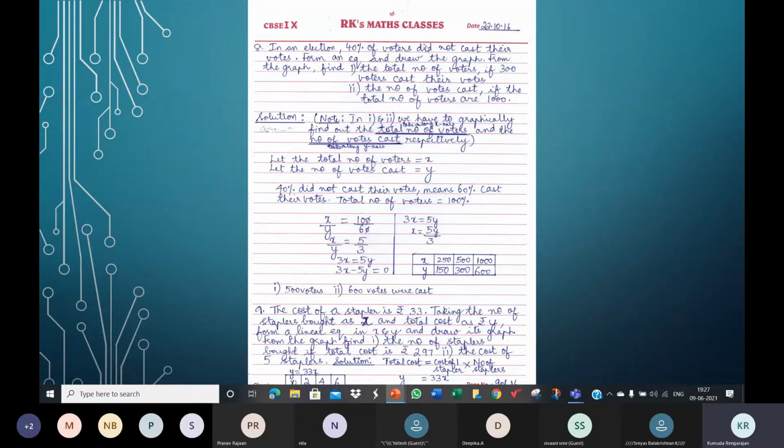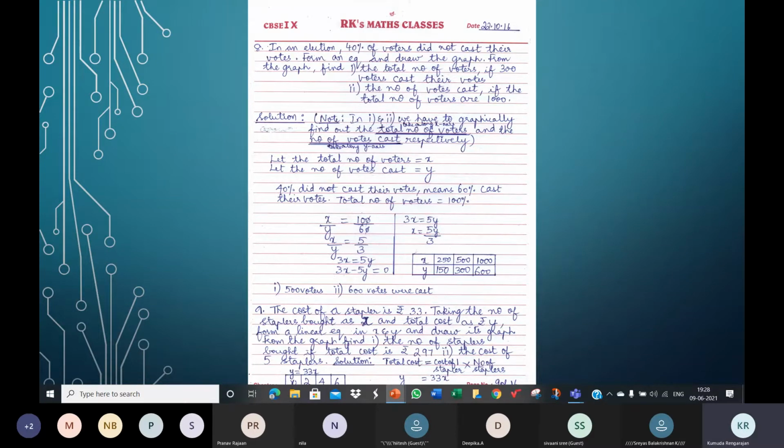So now tell me, what is the ratio of voters who cast their votes to the total number of voters? 60 is to 100.